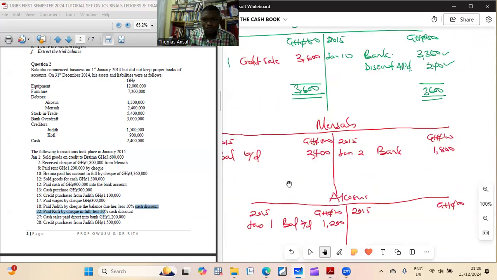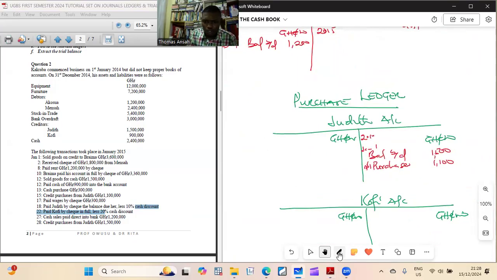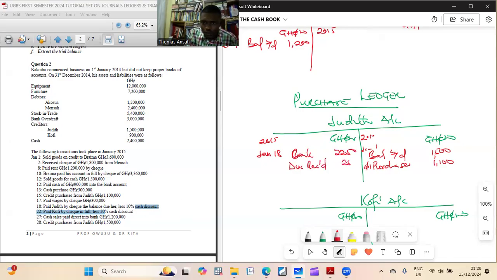So when you come to Judith's account, for example, you know that this is 2015, and you pay Judith in January 2018, account in full, but the check or the bank was how much? 2250, and there was a discount received of how much? 10% of 250.